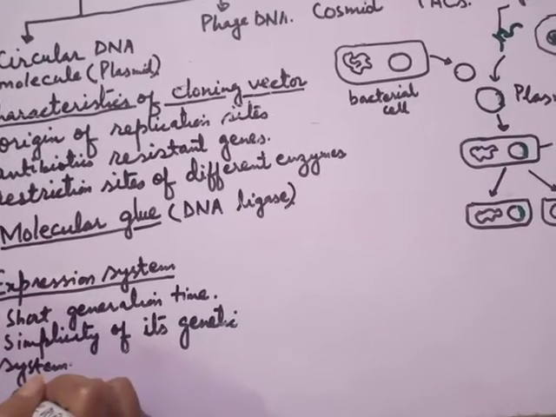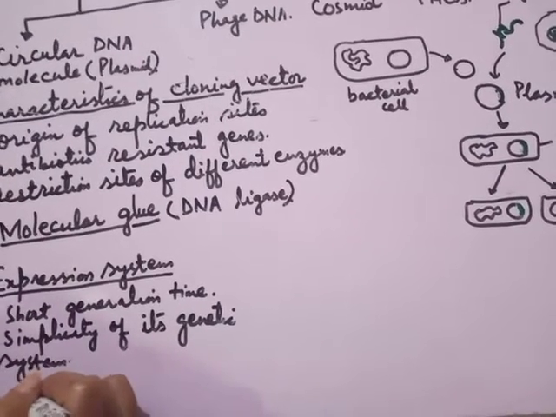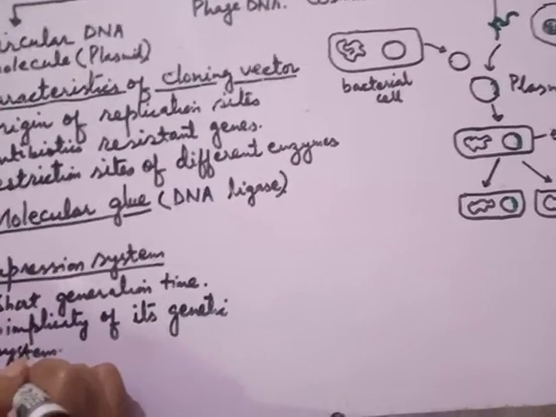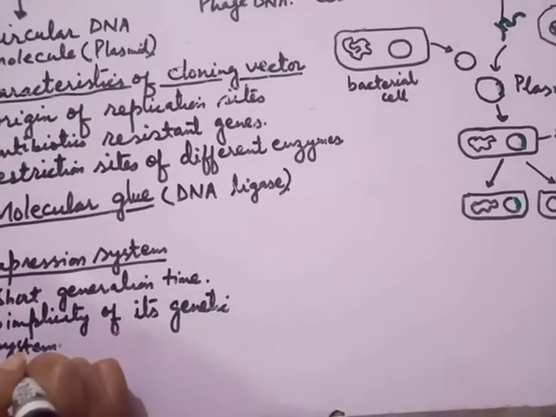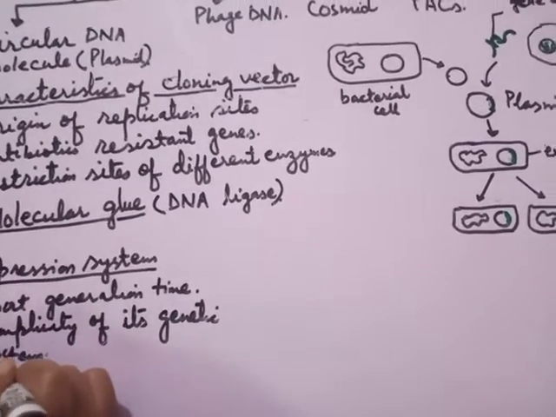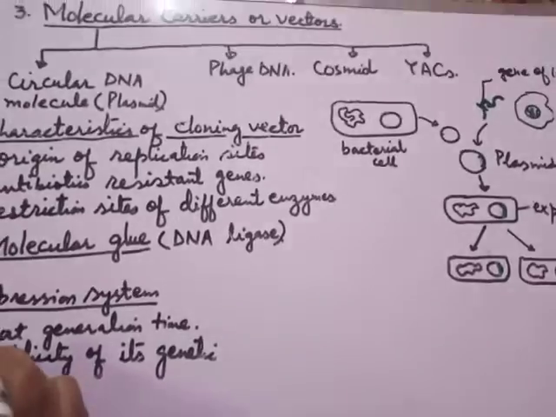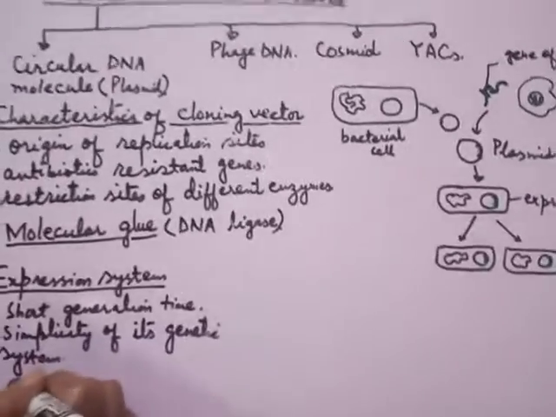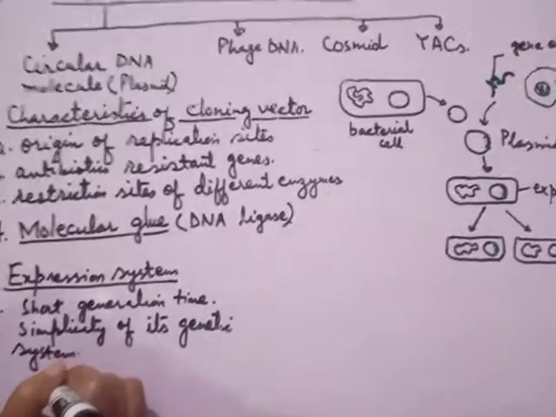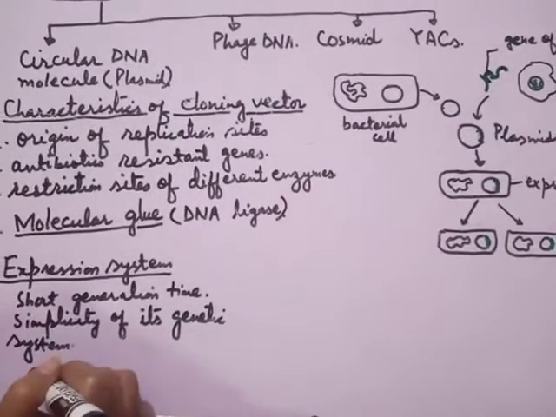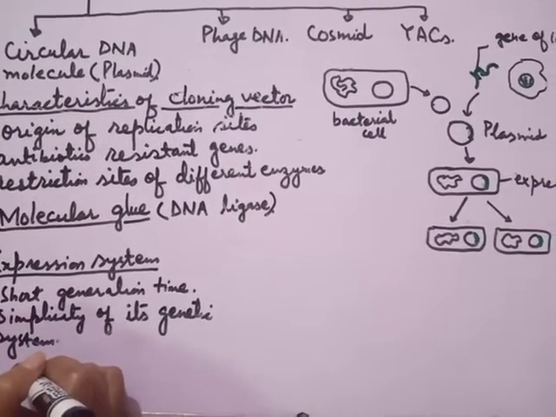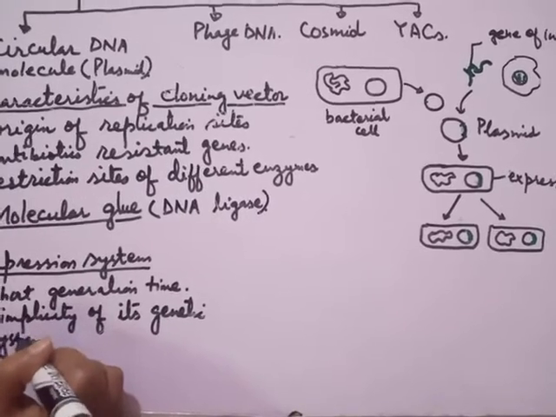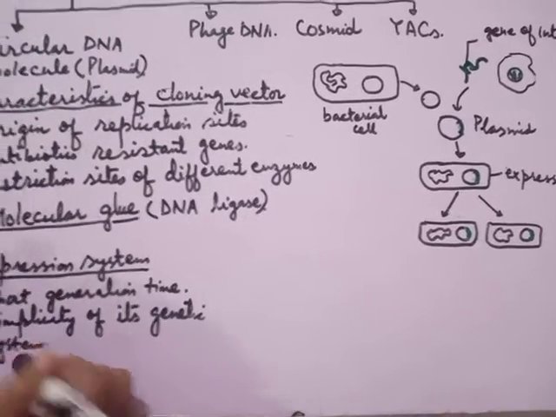That's why we usually prefer a bacterial cell; it is considered an ideal expression system because it has a short generation time, plus a very simple genetic system as well. That's why mostly we introduce our recombinant DNA into the bacterial cell.